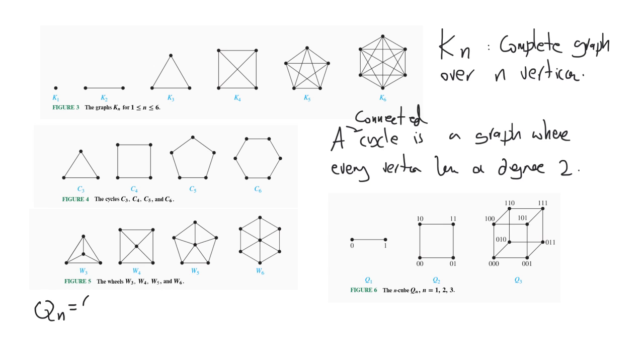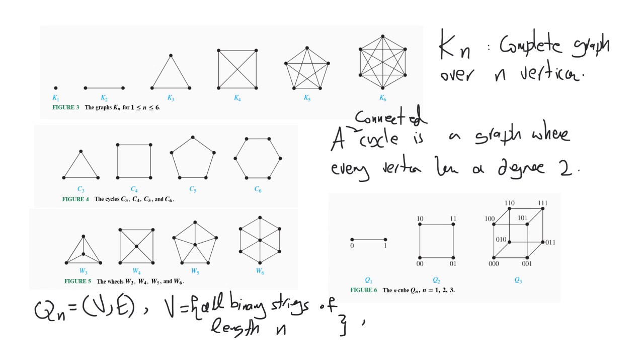Qn is the set of vertices and edges where V is all binary strings of length n, and the edge set is the set of all unordered pairs {v, w} such that, so we call that v and w are now strings, v and w differ only at a single place.